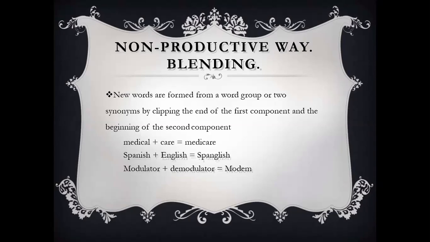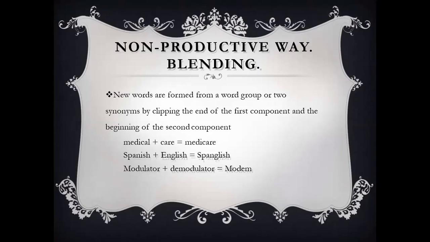So we take two words, usually synonyms, or maybe from one area or sphere. We take the end of the first word and the beginning of the second word, and we join them together and there is a new word. For example, medical care, Medicare; Spanish English, Spanglish; modulator, demodulator, modem.